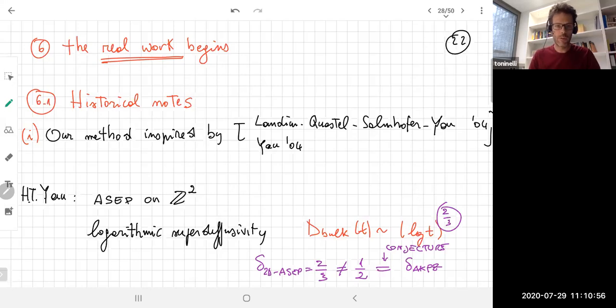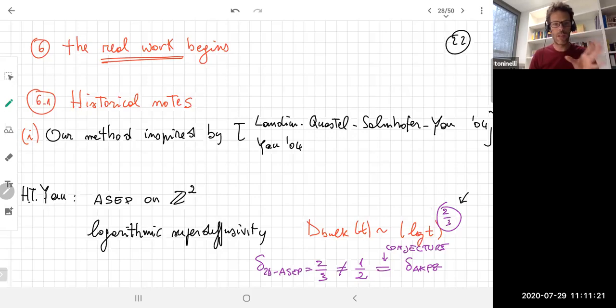It's quite similar. In our case, we also have a logarithmic divergence of the diffusion coefficient for AKPZ. Also in Yau's case, this is proven in the sense of Laplace transform, the same as for us. Notice that in Yau's case the exponent of the log is 2/3 and not 1/2, which is presumably, conjecturally, the exponent in our case.